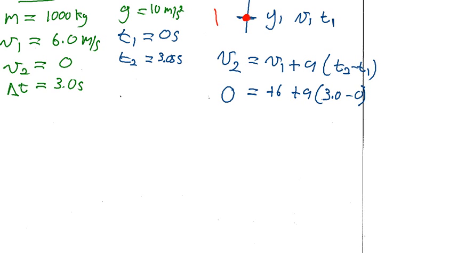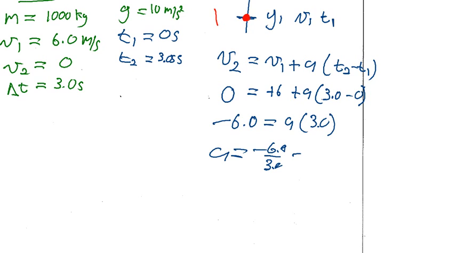So we get negative 6.0 equals a times 3.0. And then acceleration would be equal to negative 6.0 divided by 3.0, which is negative 2.0 meters per second squared. So that's going to be the acceleration of this elevator as it slows to a stop as it's rising.